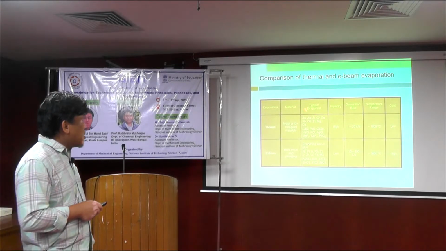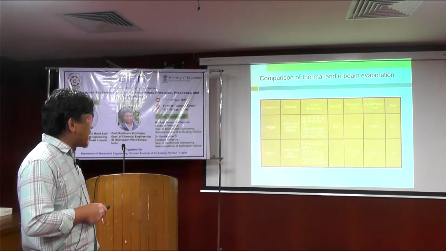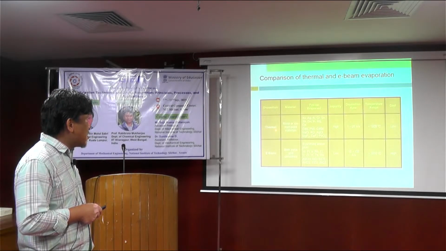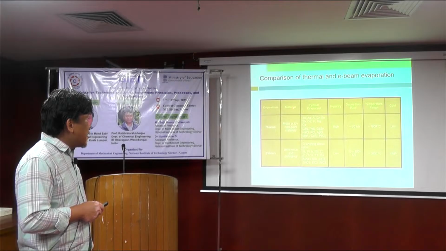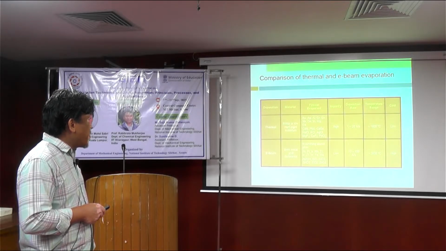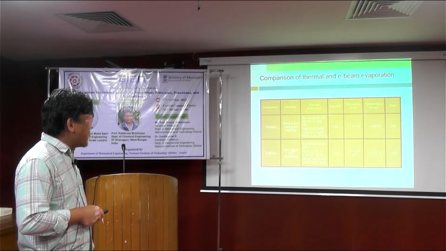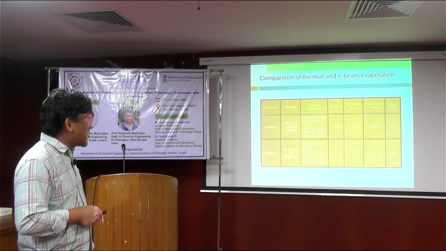And the difference between E-beam evaporation and thermal evaporation is that thermal is for metal or low melting point materials, and for E-beam you can have both metal and dielectric material, which normally have a higher melting point.